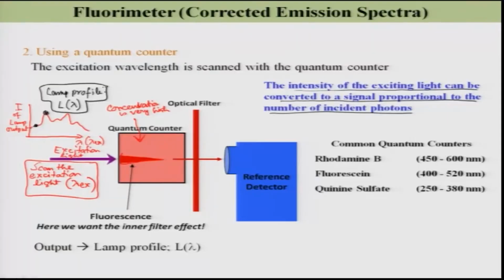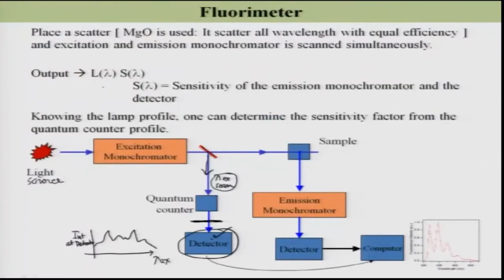Now, instead of taking your sample for the emission measurement, let me take some other material in the sample position. What is the material? A scatterer.